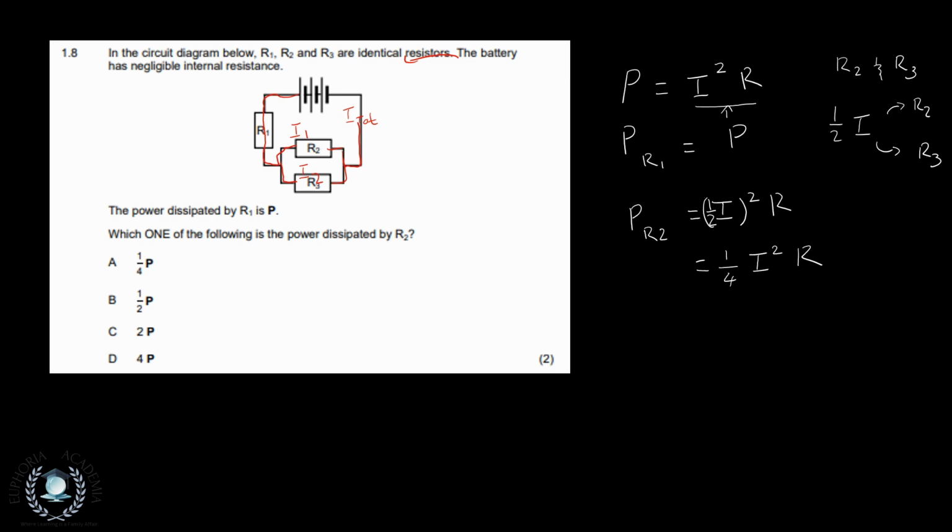Alright, now we can see that at least that part is actually the power dissipated by R1, as you can see here, right? It's the same equation. So the answer to this one, or I guess to make things easier, if we just replace that with the P that we are told it is, then we actually get one of the answers which are given in the multiple choice, and that is letter A.